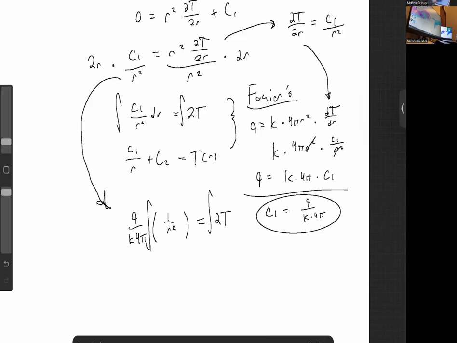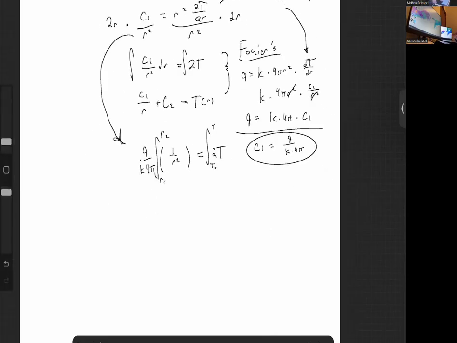We're doing this from the initial radius 1 and we're doing it for the outer radius 2. And then this is our temperature original plus whatever change of temperature they want, so I'll just call that T. So when we integrate both sides, we get a change of temperature equals Q over K 4 pi multiplied by 1 over R1 minus 1 over R2.